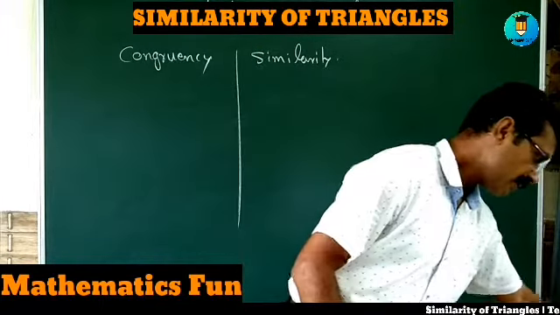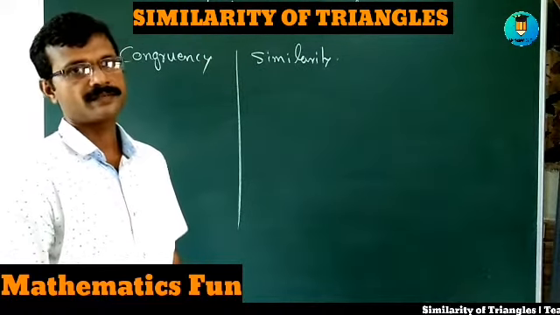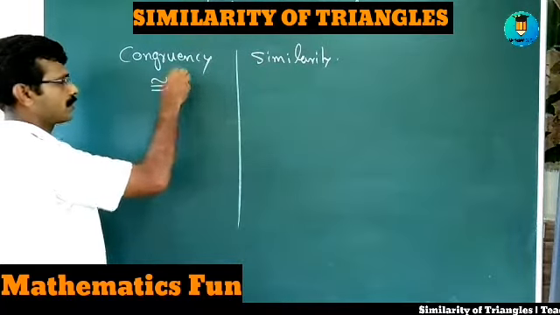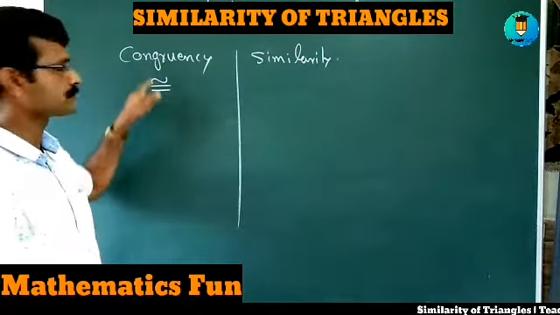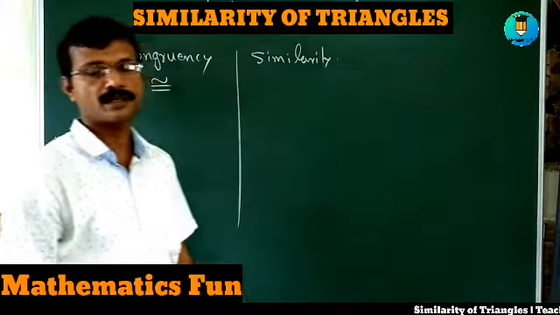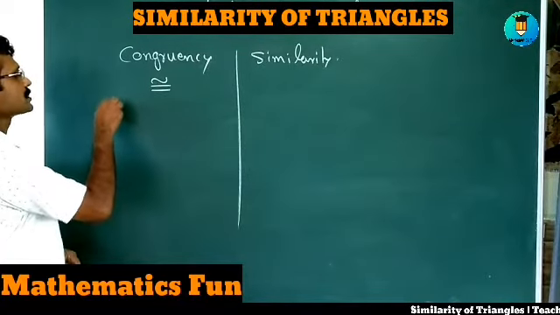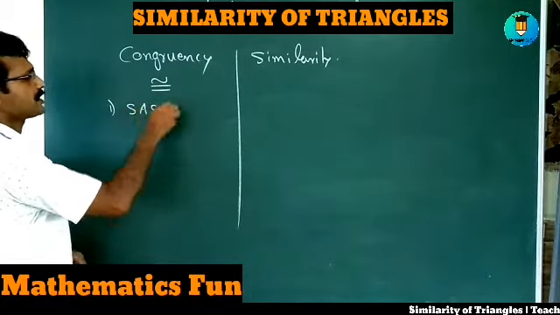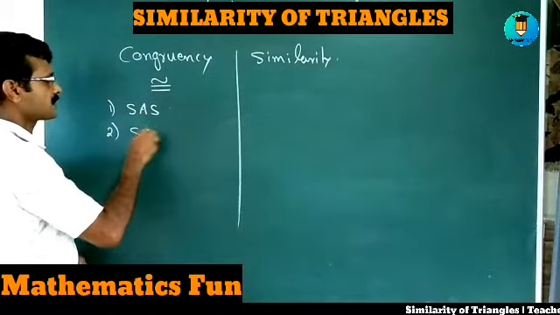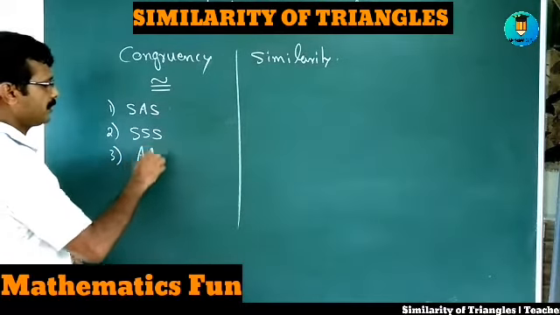You studied in detail the congruency of triangles. First of all, the symbol we use for congruency is an equals sign with a tilde over it. And there are certain rules to check whether triangles are congruent or not, which you already know. The first one is SAS, the second one is SSS, the third one is AAS.